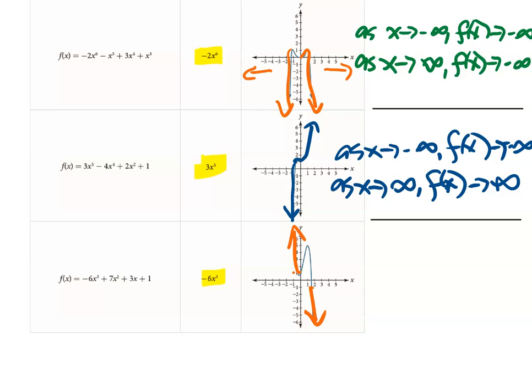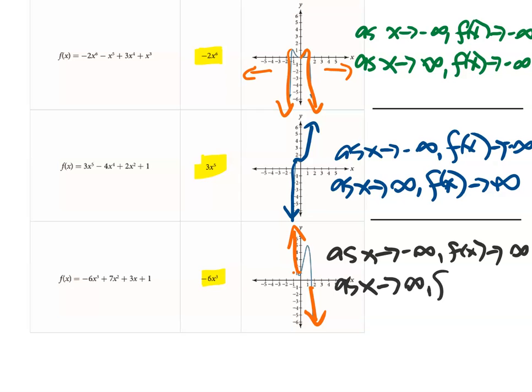So as we write our end behavior, as x approaches negative infinity, f of x approaches infinity, and then as x approaches positive infinity, f of x goes down, so that is negative infinity.